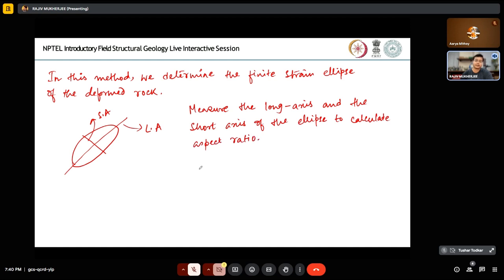So the aspect ratio is basically, we represent aspect ratio with R. Aspect ratio is basically the ratio of the length of the long axis and the short axis.